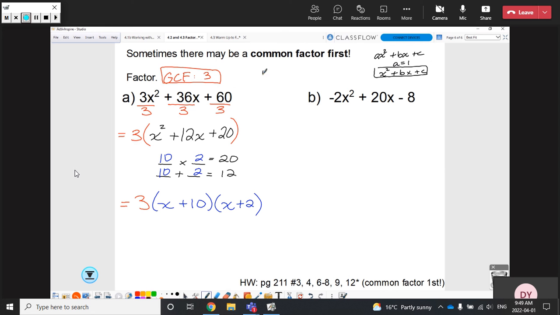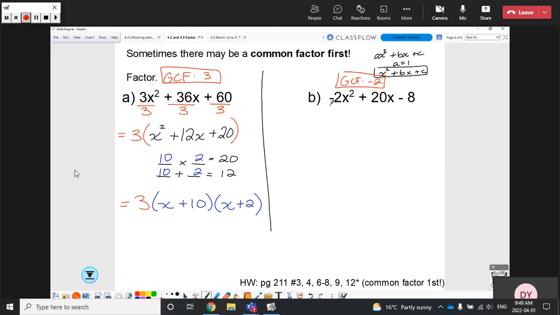The very last one, we have a negative 2. And like I mentioned yesterday, if you have a negative leading term here, we should common factor out the negative. So our greatest common factor here is going to be negative 2.